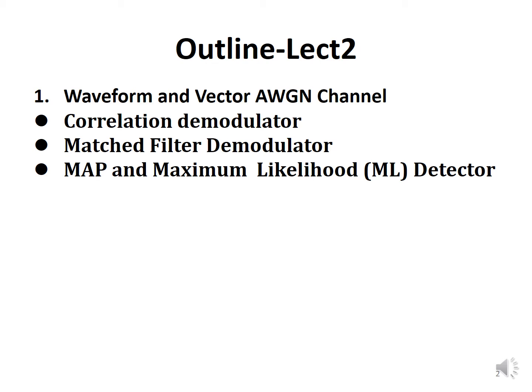have described in the first lecture, any optimum receiver contains two major parts. The first part is the demodulator, and the second part is the detector.